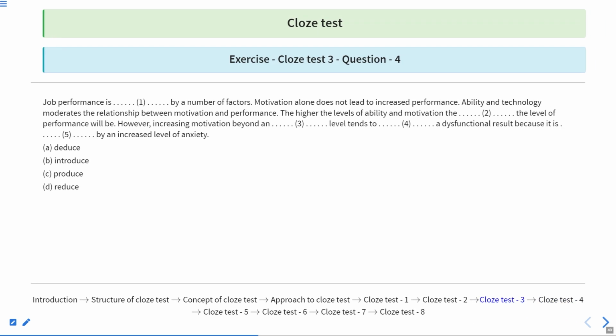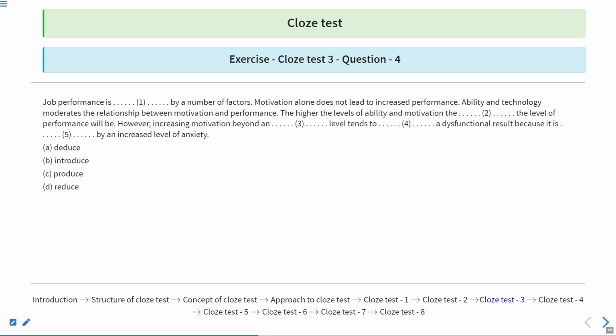So job performance is affected by a number of factors. Motivation alone does not lead to increased performance. Ability and technology moderates the relationship between motivation and performance. The higher the level of ability and motivation, the dash the level of performance will be.